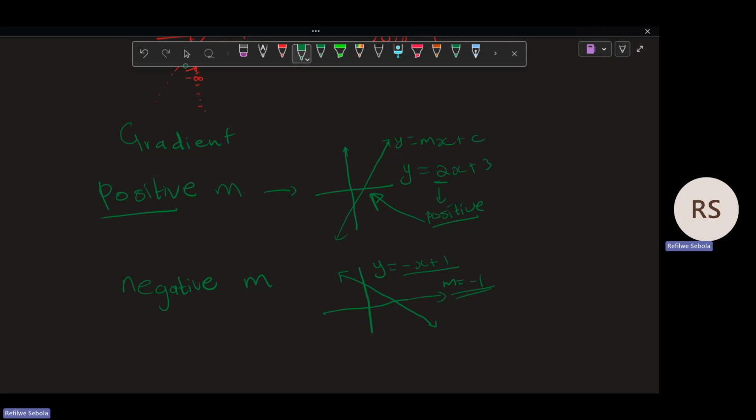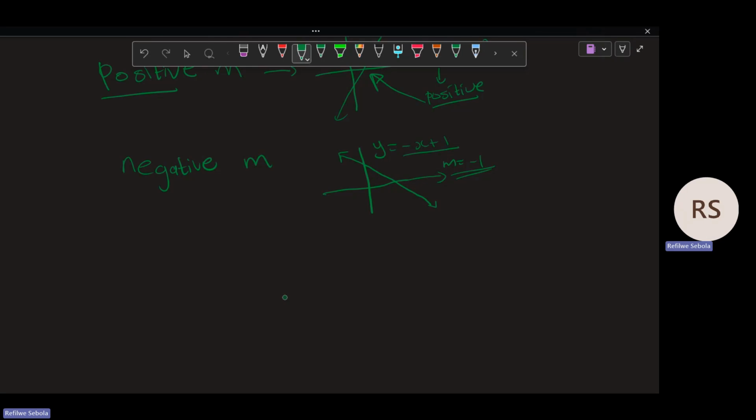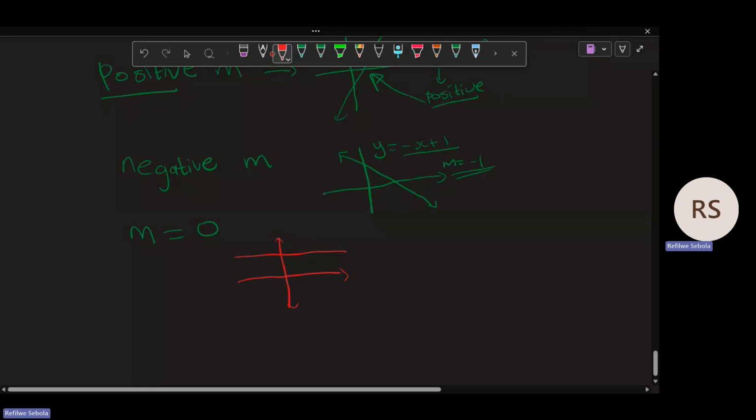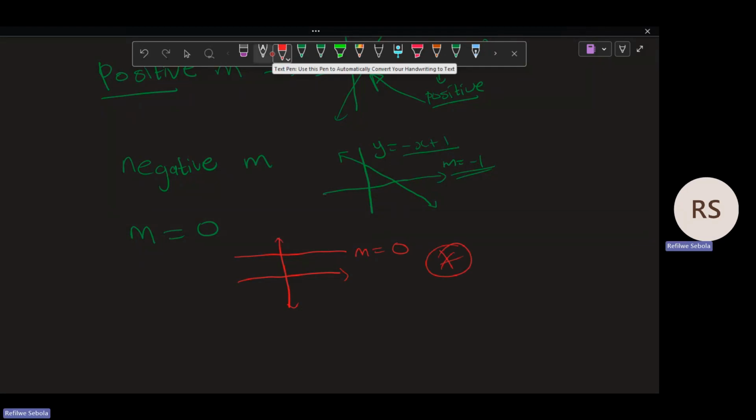It can happen that the gradient is 0. If the gradient is equal to 0, I call it a special case. We have something like this. This is when the gradient equals 0. You should always know this. And then it can also happen that the gradient is undefined.